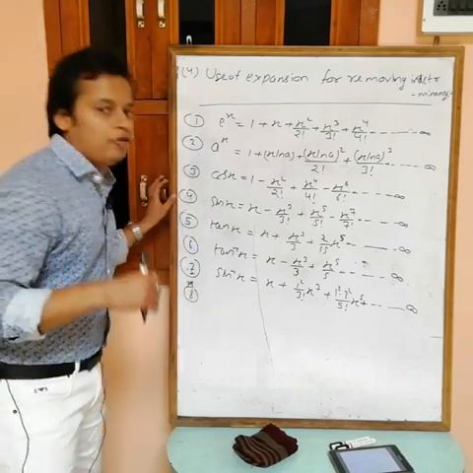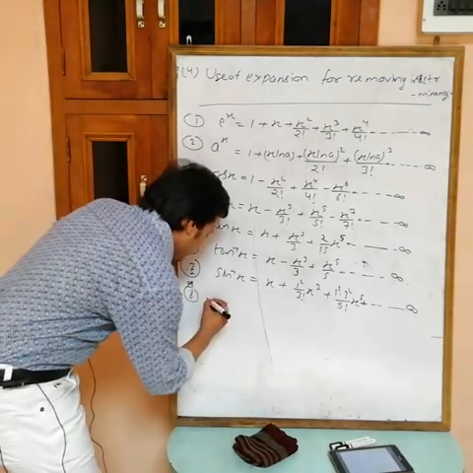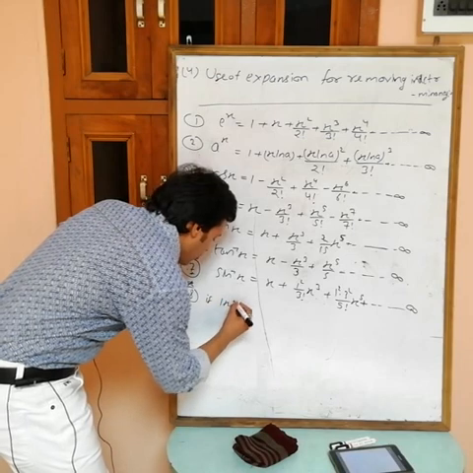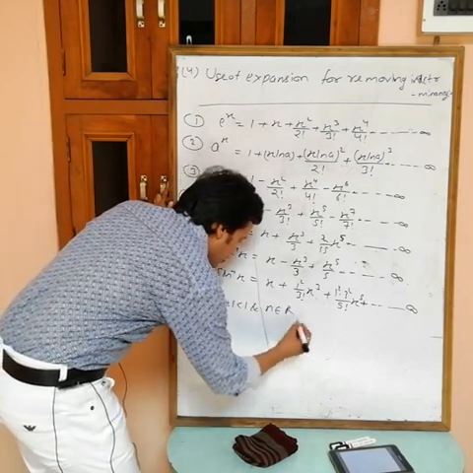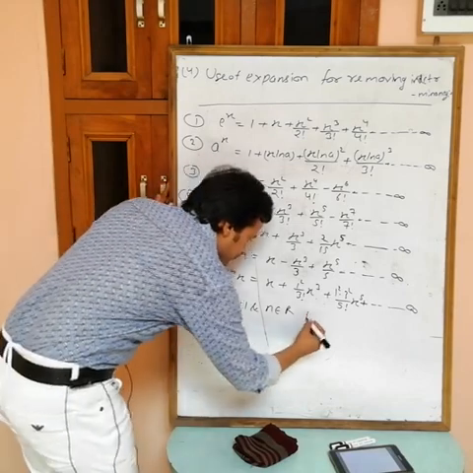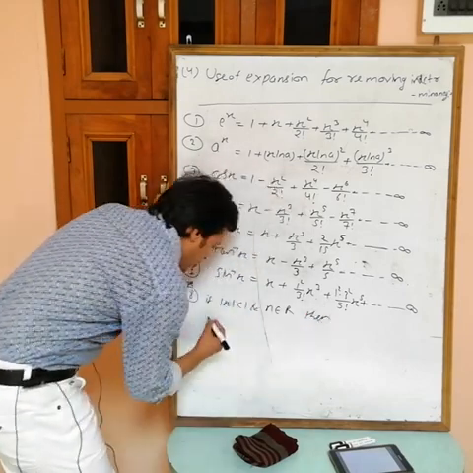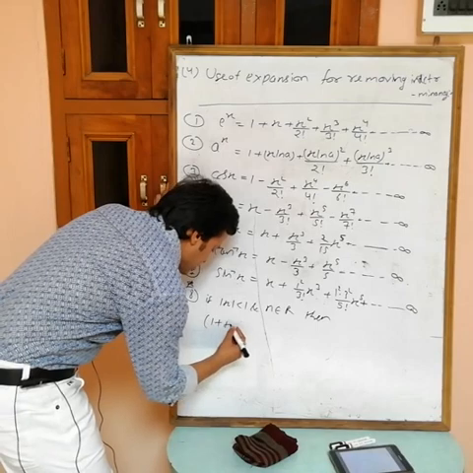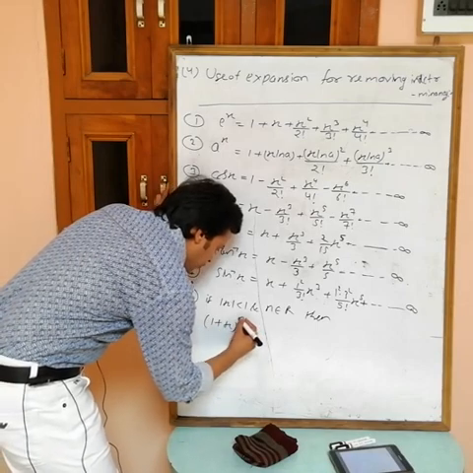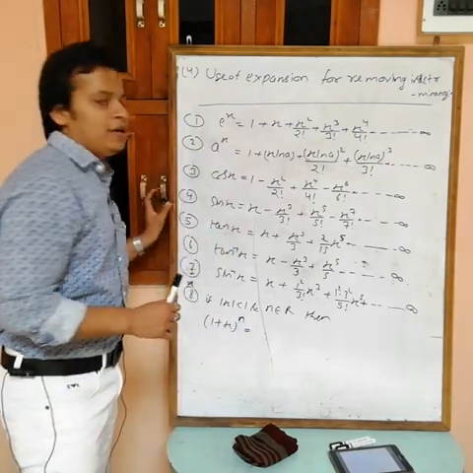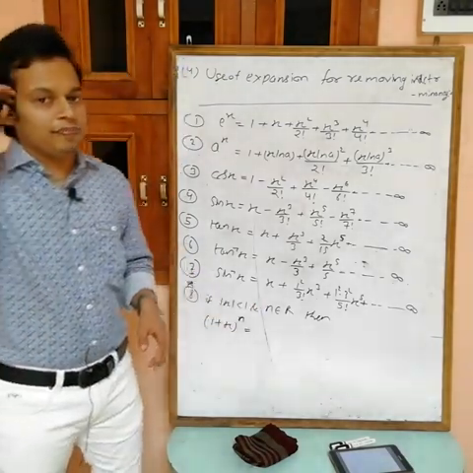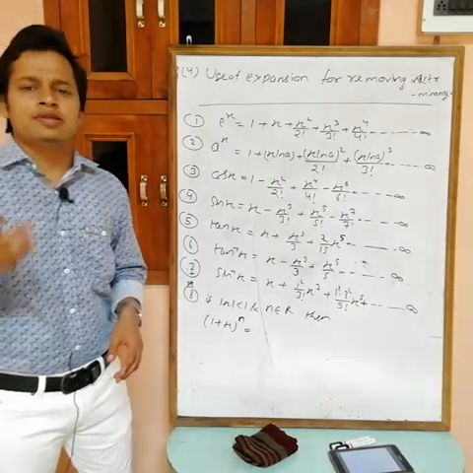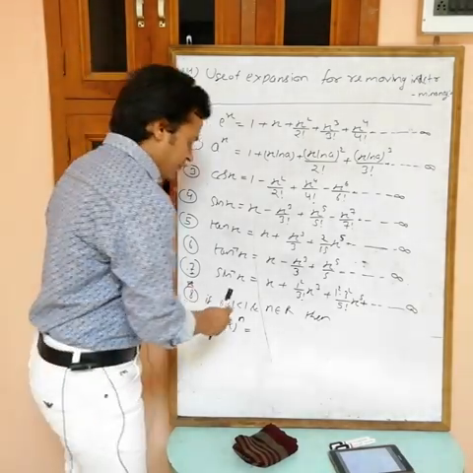Now this one is important, binomial expansion. If mod of x is less than 1 and n belongs to R, then consider the value of 1 plus x power n. Here n can take any real value, 2 by 3, 5 by 7, minus 7 by 6, anything.